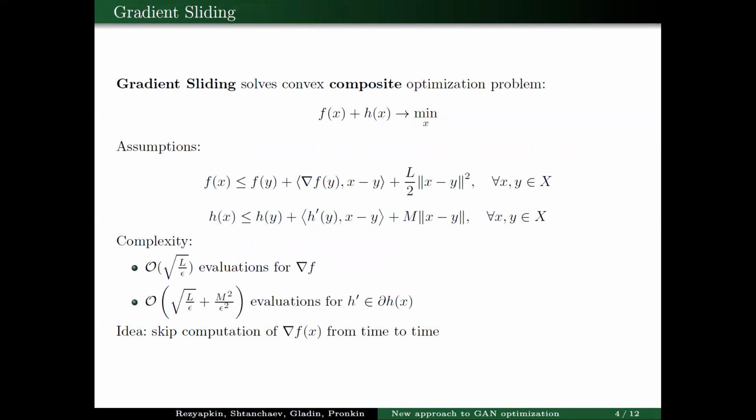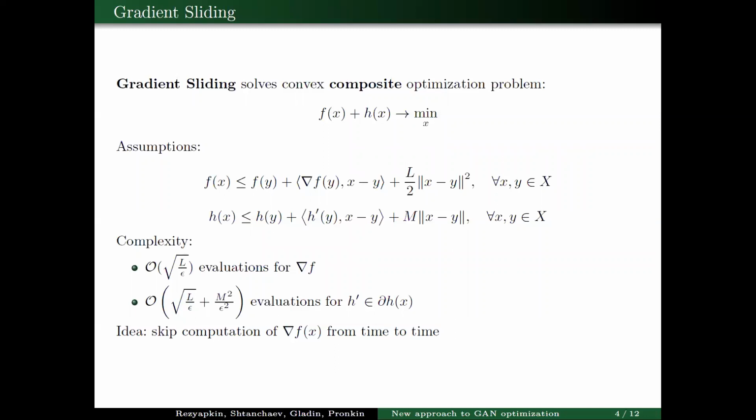First of all, we decided to consider gradient sliding because it is aimed at solving the following optimization problem, where the target consists of two terms and where we can access first order information about the terms independently.